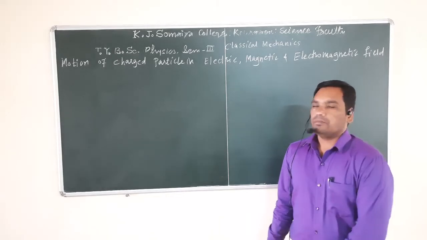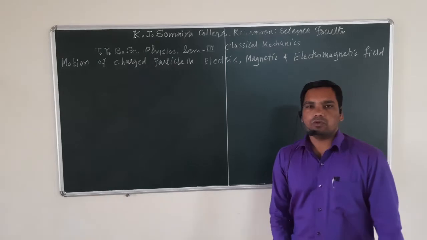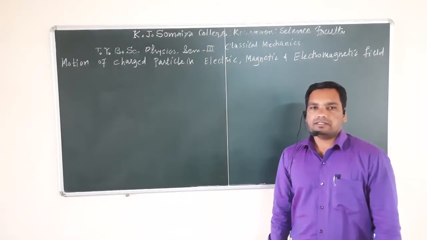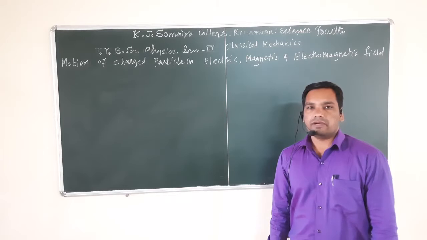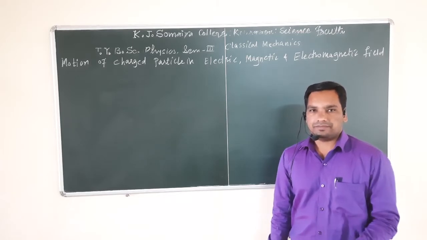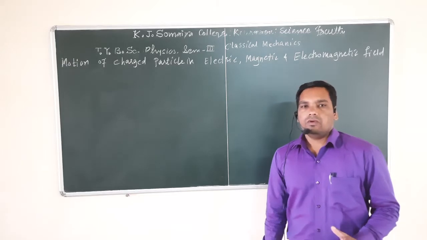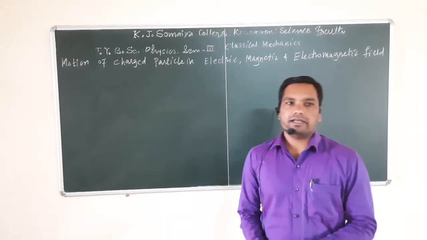Before studying this, we must know what is meant by charged particle. We know charged particles are the particles which have mass and some specific charge like +e or -e. What are the examples of these charged particles?